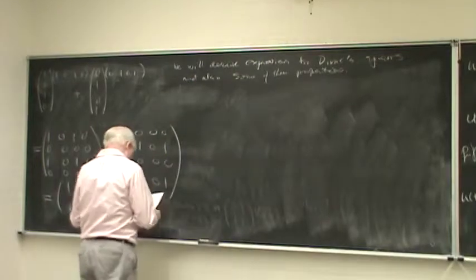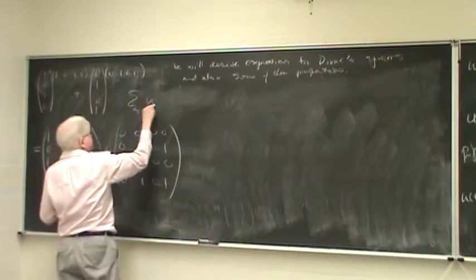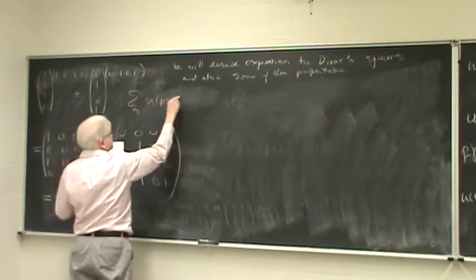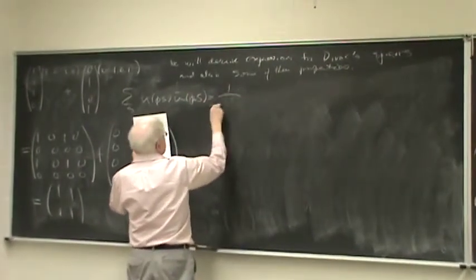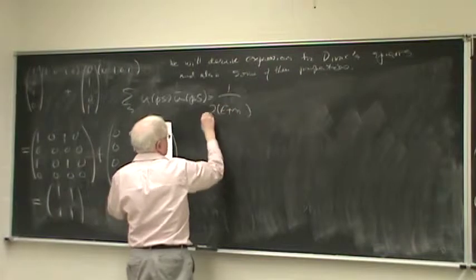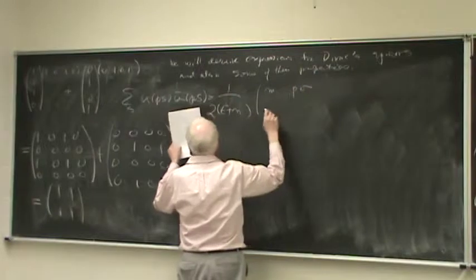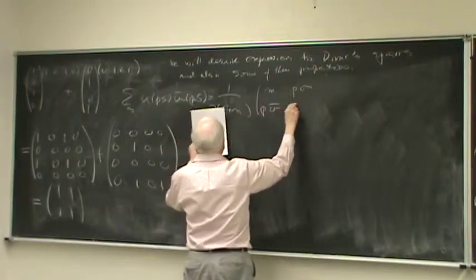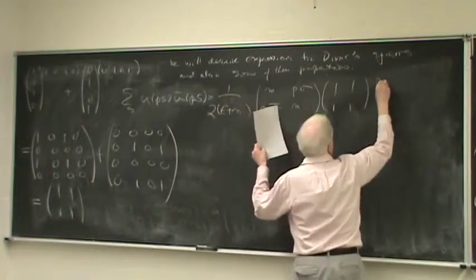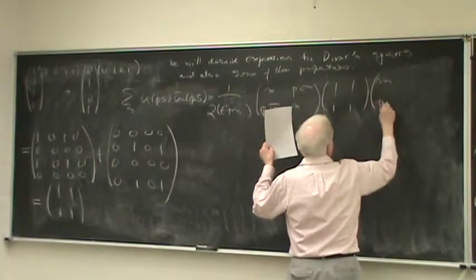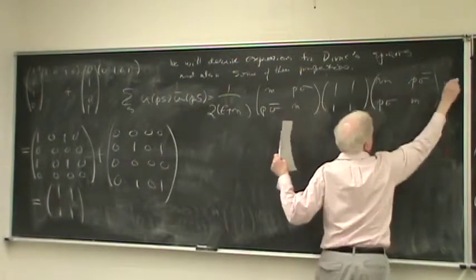Okay. So what we've got then is that the sum over spins of U of p and s, U bar of p and s, is then 1 over 2 in Schwartz's normalization, 1 over 2E plus m, p sigma bar m, 1 1 1 1, m, p sigma bar m, and then finally gamma 0.